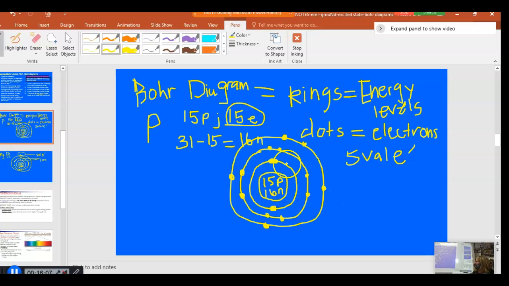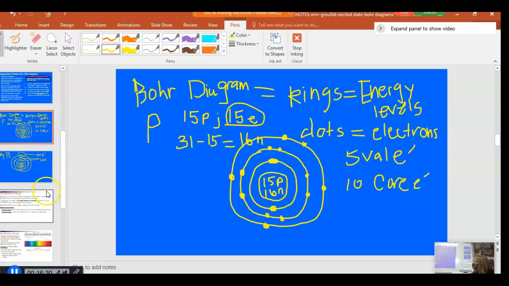And how many core electrons does this guy have? The core electrons are all the other electrons, not the ones on the last energy level. 10. Very good. We've got 10 core electrons. Excellent. Pretty easy?